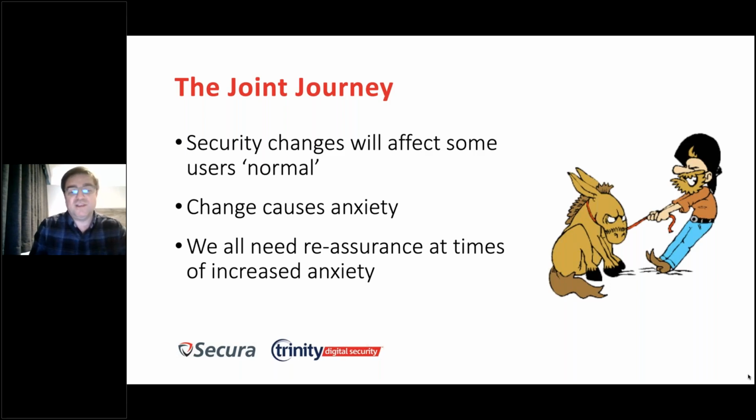But change in general causes anxiety, especially if people feel that they're not being taken account of in the change design that's coming through. So we need to be reassuring, we need to communicate at all times, but we also need to understand what people need and make sure that our project encompasses that. So next slide, if we could, please.